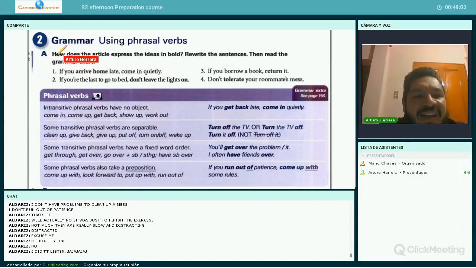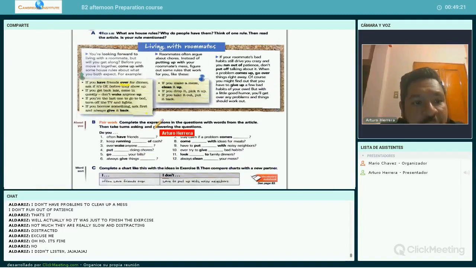Okay, so how does the article express the ideas involved? Rewrite the sentences, then read the grammar chart. If you arrive home late, come quietly. How can we make the sentence using the words in the first part?